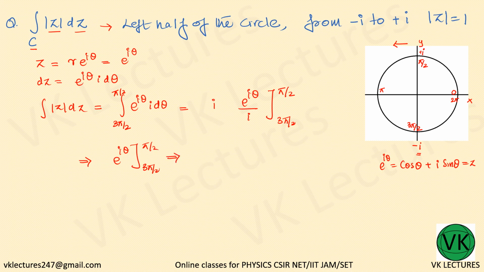Substituting the upper limit, e to the power i pi by 2 minus e to the power 3i pi by 2. So e to the power i pi by 2 is i, that is plus i, minus e to the power 3i pi by 2 is here minus i. So plus i minus minus i, this gives us 2i. So integral is 2i.